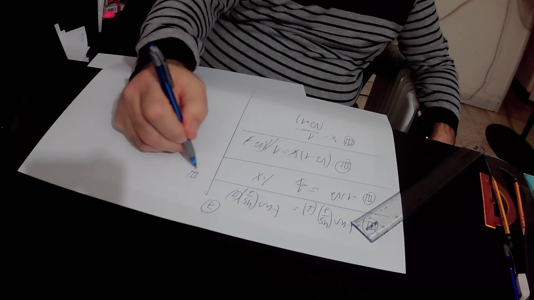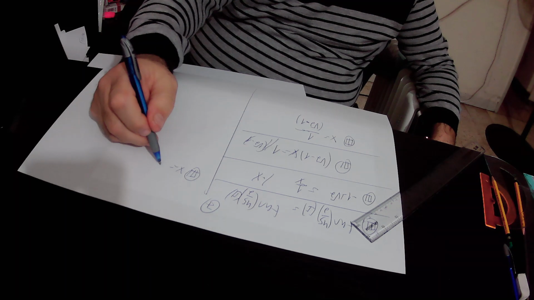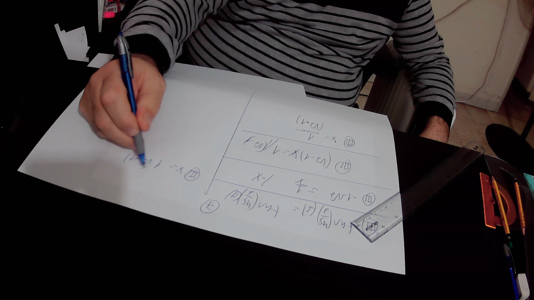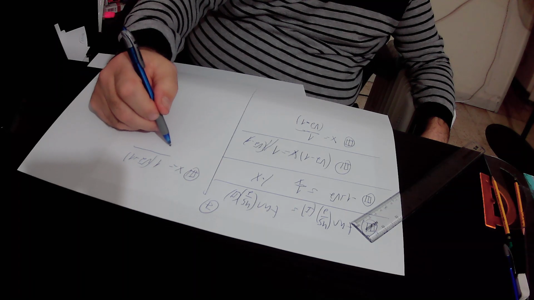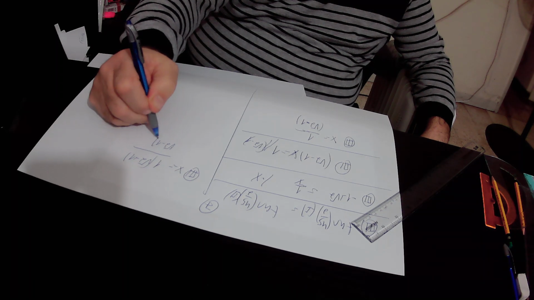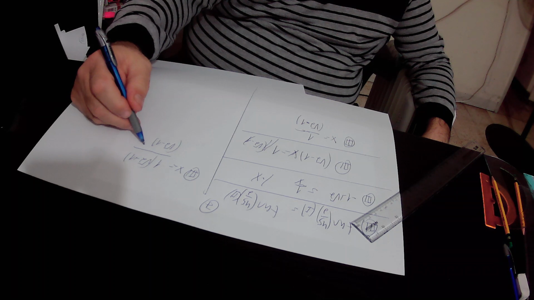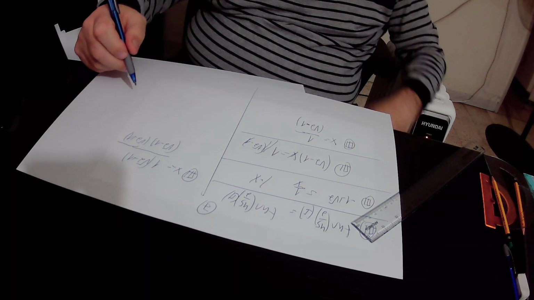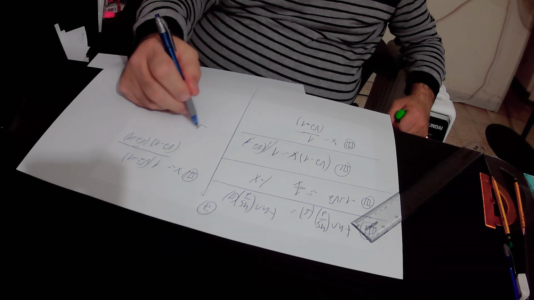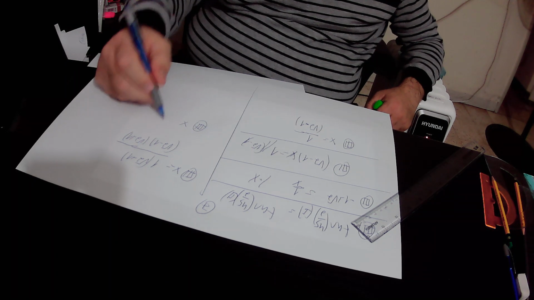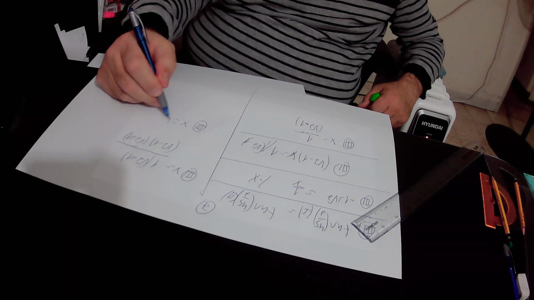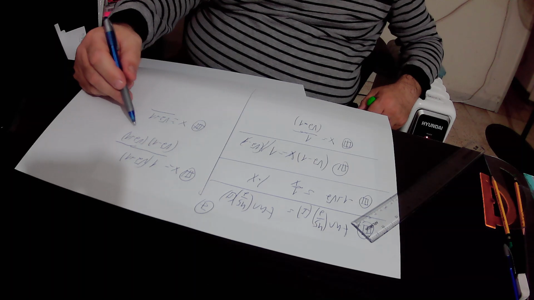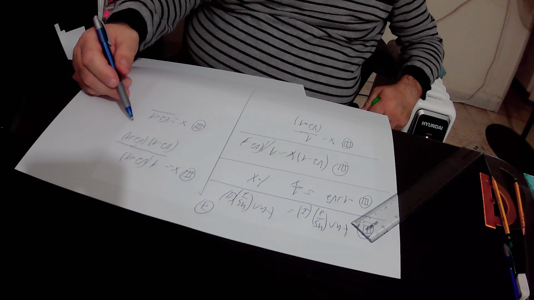And we get that x equals, we multiply the numerator by square root of 2 plus 1, and the denominator also by square root of 2 plus 1. So x equals, in the numerator we have square root of 2 plus 1, over, in the denominator we have square root of 2 minus 1 times square root of 2 plus 1.